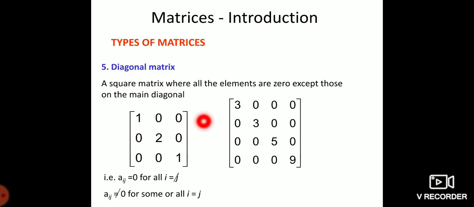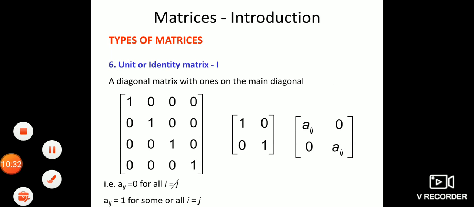That's why in this matrix the non-diagonal elements are 0. That is, here Aij is equal to 0 for all i not equal to j, and Aij is not equal to 0 for some i equal to j.